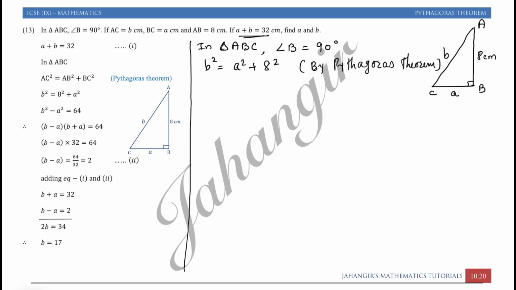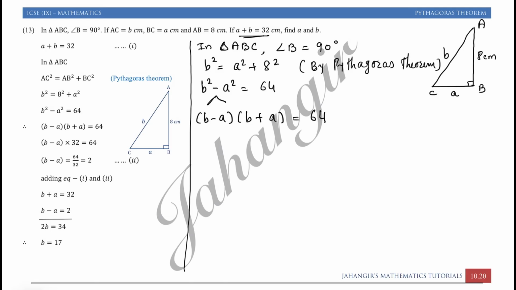So b square minus a square is equal to 64. I can write this as b minus a into b plus a, as we had already done in factorization and expansion, the difference of two squares identity.